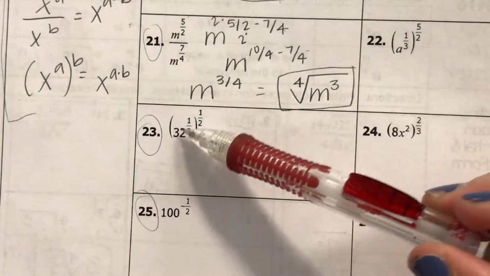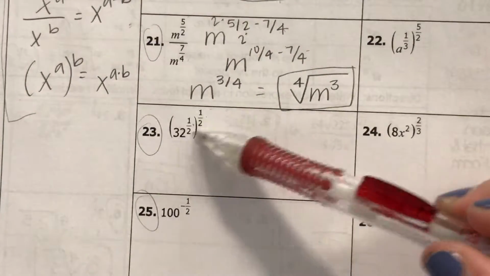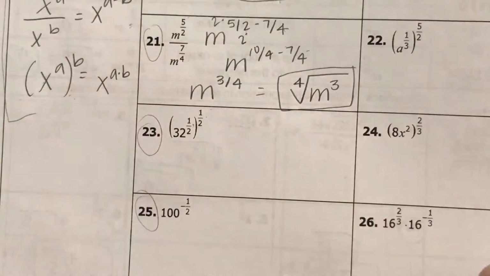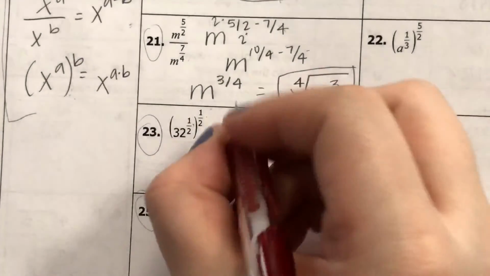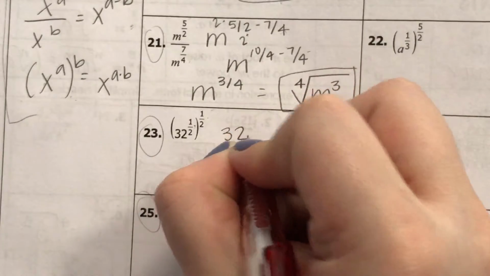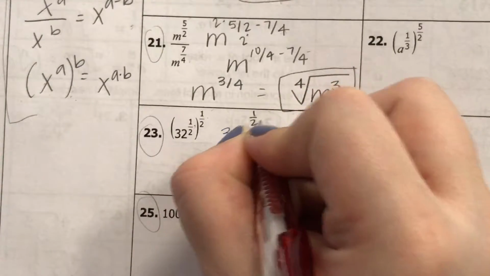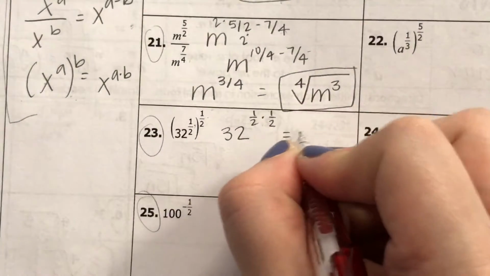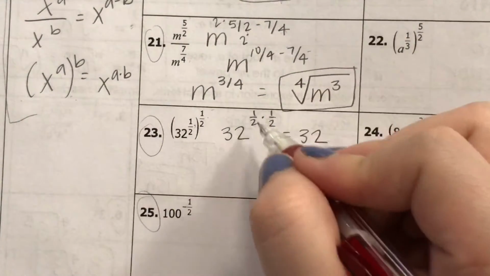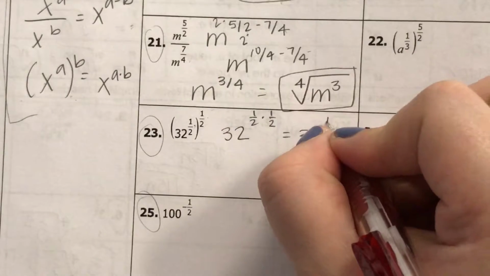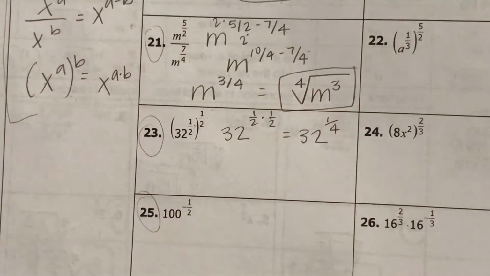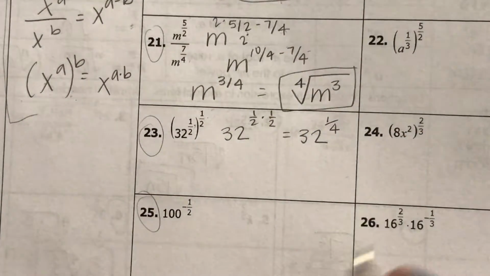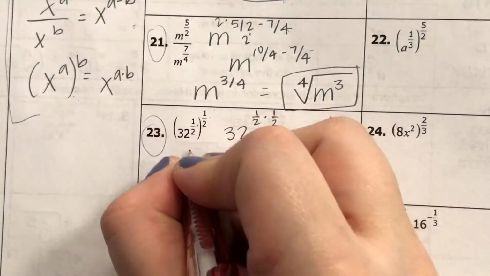All right. This time, I'm multiplying exponents because that's this rule right here. So, I have 32 to the 1/2 times 1/2, which equals 32 to the 1/4. Okay. So I'm going to rewrite that as a radical.